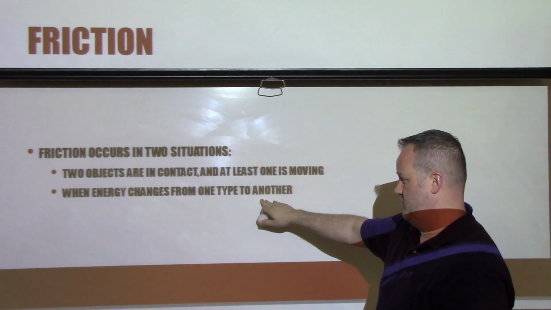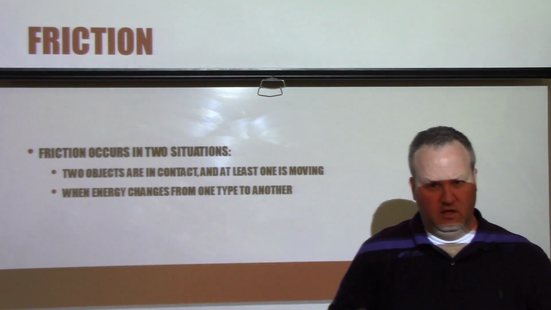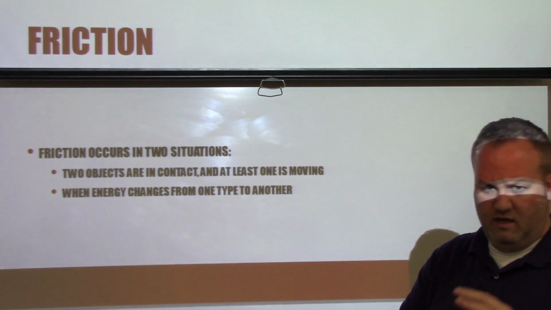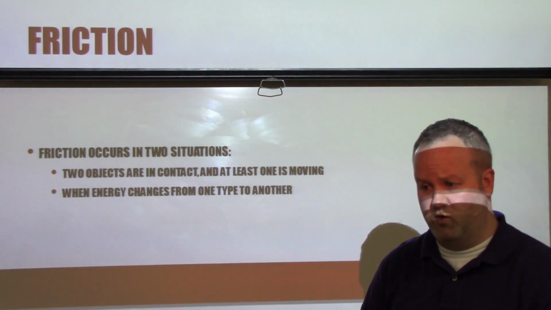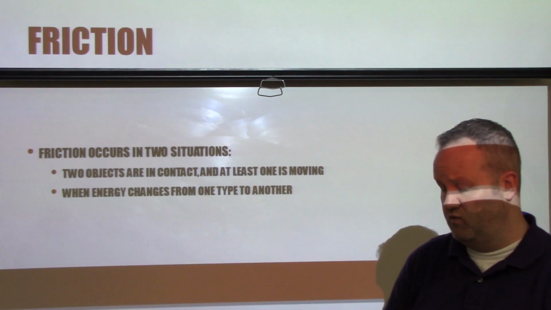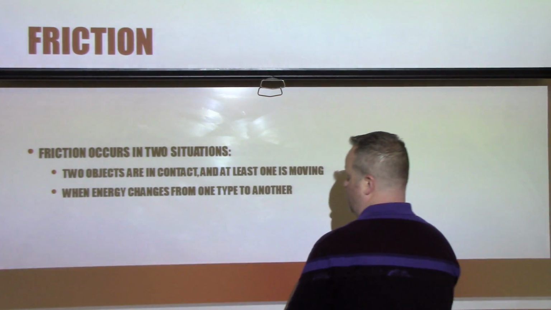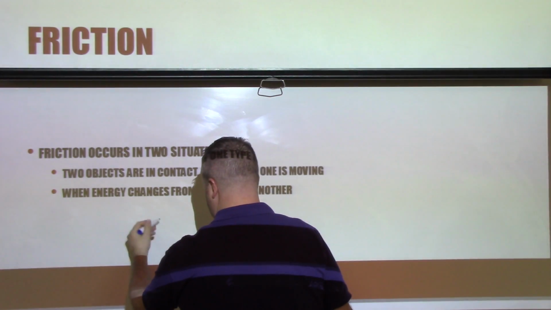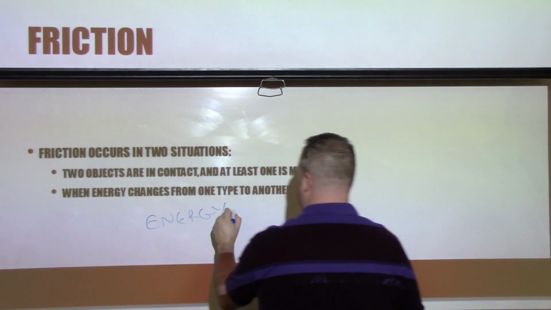But we also have friction when energy changes from one type to another. So anytime we have any kind of energy transformation from one type to another, or objects are touching and one's moving, we have friction.